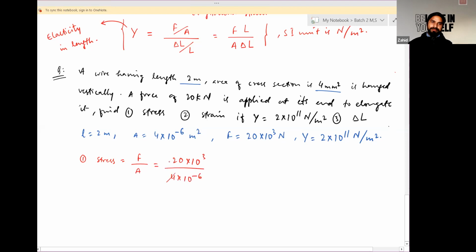So 4 times 5 is 20. And we have 10 to the power minus 6 in the denominator, so if you move it to the numerator, it becomes plus. So 5 into 10 to the power 3 into 10 to the power plus 6. On combining, it will be 5 into 10 to the power 9 Newton per meter squared.